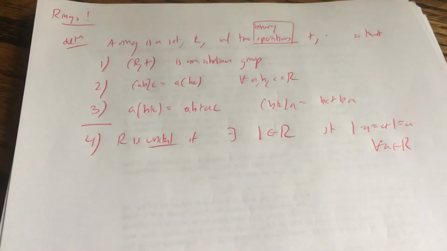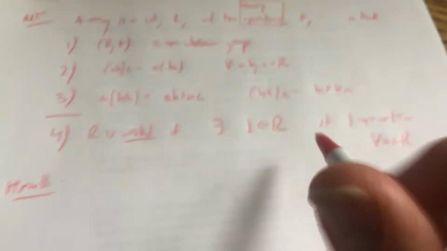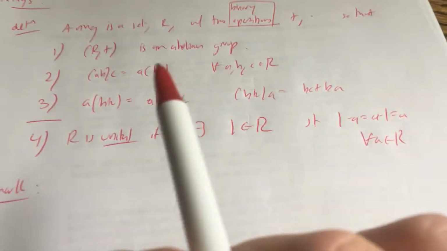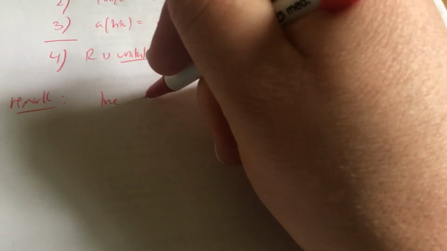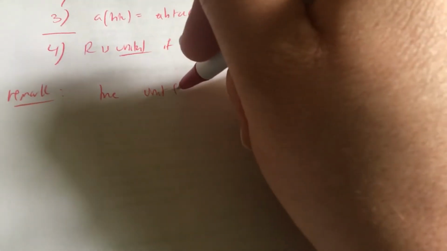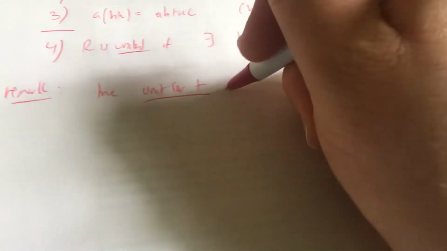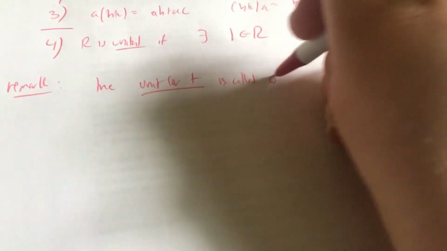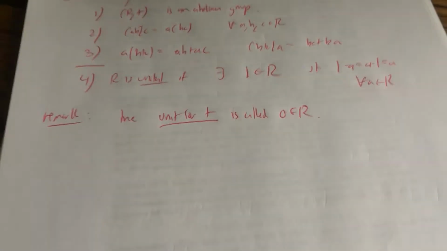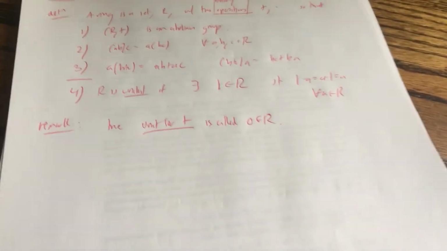Okay. So the unit of the abelian group in particular is called 0. So let me remark that unital means that there's this 1. So that's a multiplicative unit. On the other hand, R plus is an abelian group. So the unit for plus is called 0. And that always exists. That has to exist because R plus is an abelian group written additively, right?